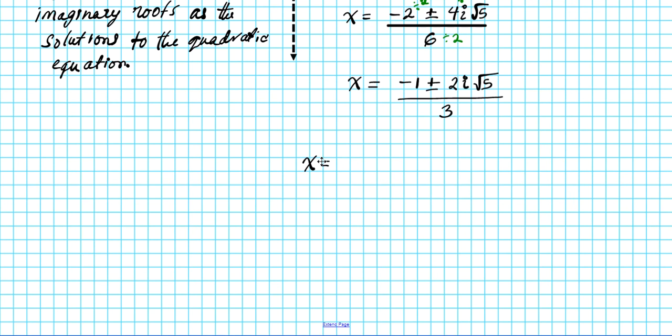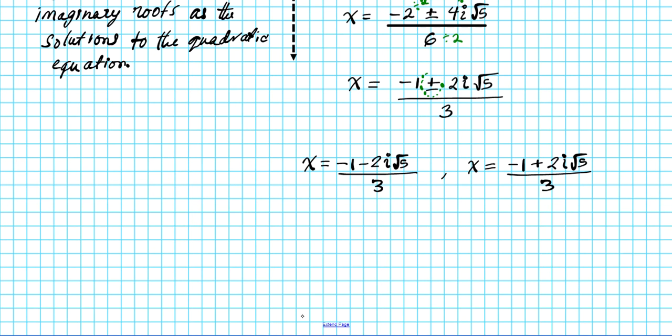The first imaginary root we have is negative 1 minus 2i root 5 divided by 3. That's the first root. The second root that we have is negative 1 plus 2i root 5 divided by 3. So we're just splitting this answer using these two signs as our basis for separation.